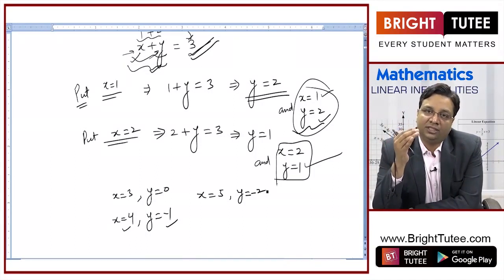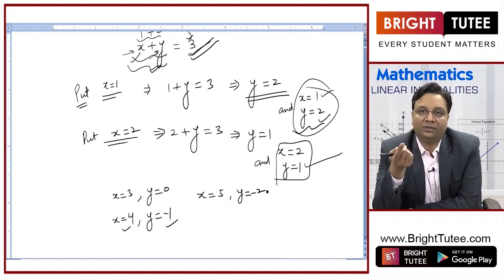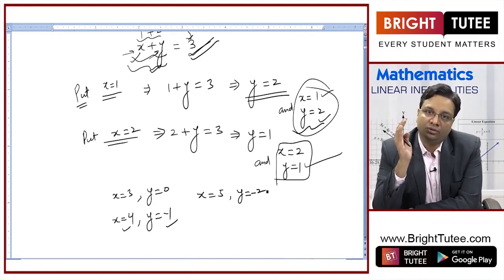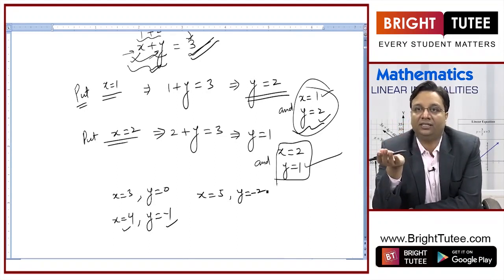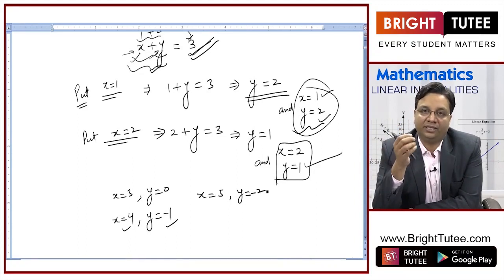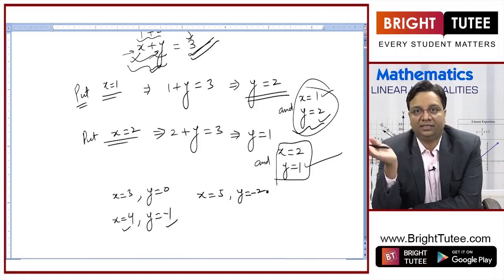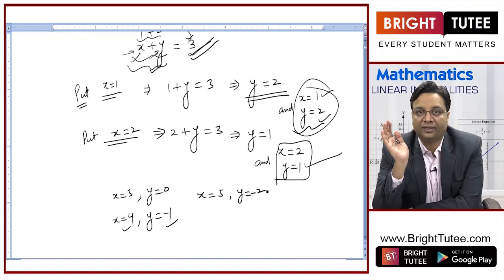Why? Because you keep on changing values of one variable. Accordingly, the second variable will get a value so that they collectively satisfy the given equation. What I mean is, you keep on putting values for one variable, other variable will keep on changing its values accordingly, right?